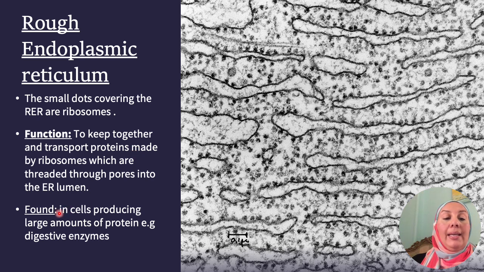So any cell that produces a lot of proteins must have an extensive rough endoplasmic reticulum, such as a cell that is responsible for producing digestive enzymes in our digestive system, which will have many structures of rough endoplasmic reticulum.